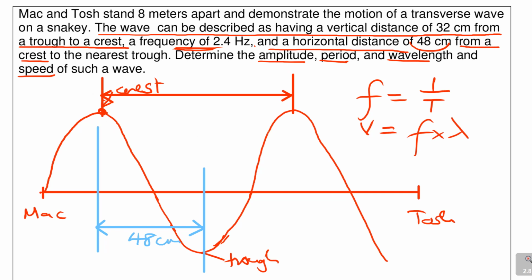Where is the trough? There is the trough. Where is the crest? Somewhere here. See? So this line represents my crest. And then they say there is a vertical distance here of what? 32 centimeters.